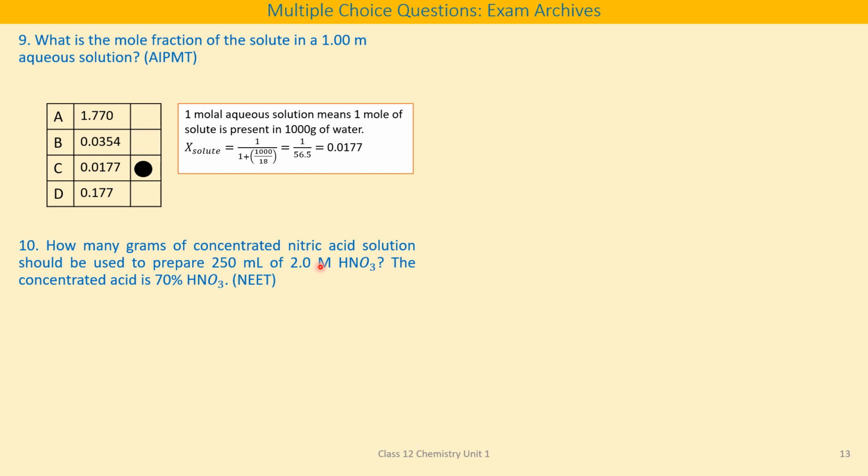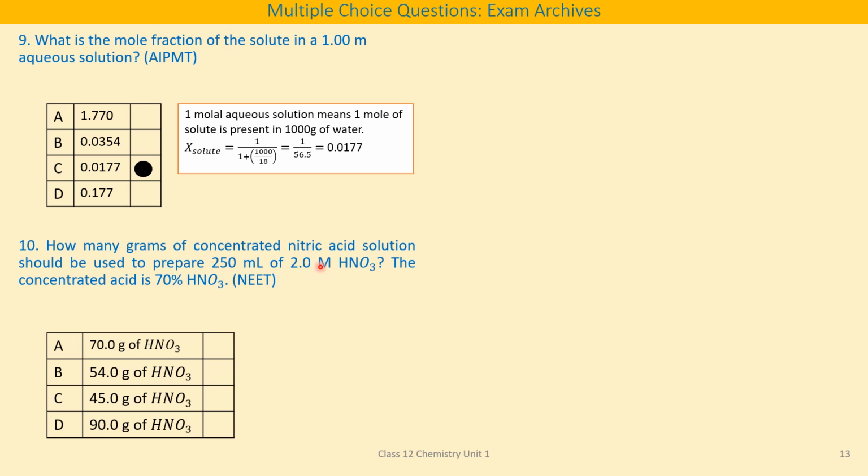So read the question again and record your answer. Four options are given: 70 grams, 54 grams, 45 grams and 90 grams of HNO3. You have to make some calculations and mark the correct answer.